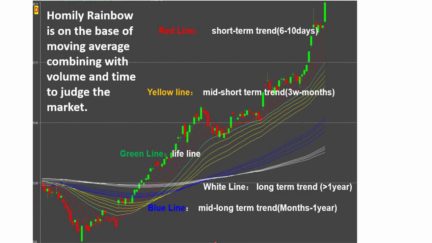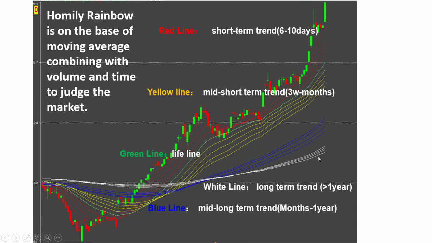Homely rainbow itself is based on the moving average, but combined with volume and time together to help us tell the market movement. This indicator includes the philosophy of long-term first and short-term next.